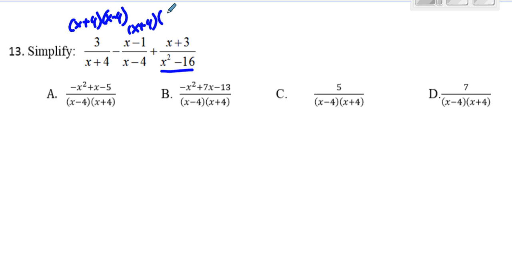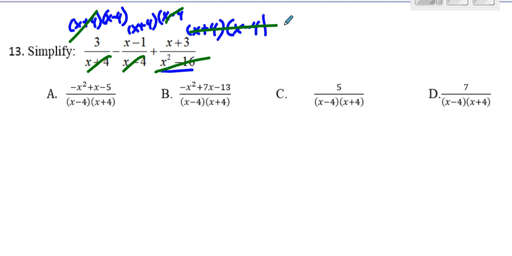Multiply it to every term. So cancel out whatever cancels. X plus 4 cancels. X minus 4 cancels. And then here they both cancel.